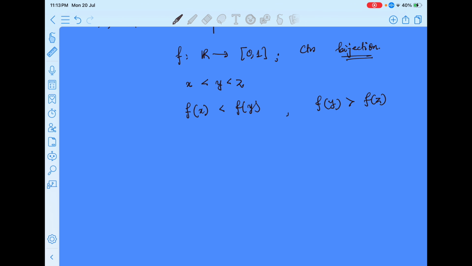We want to show that f is strictly increasing. You can show that f is strictly decreasing by taking 1 minus f, if it is decreasing at one point.